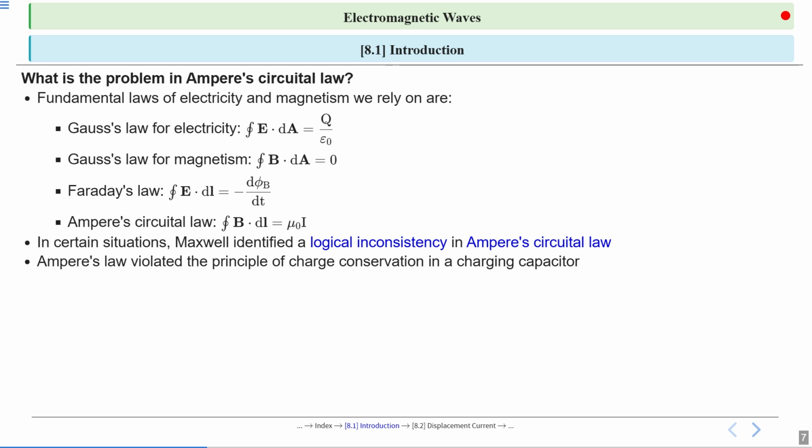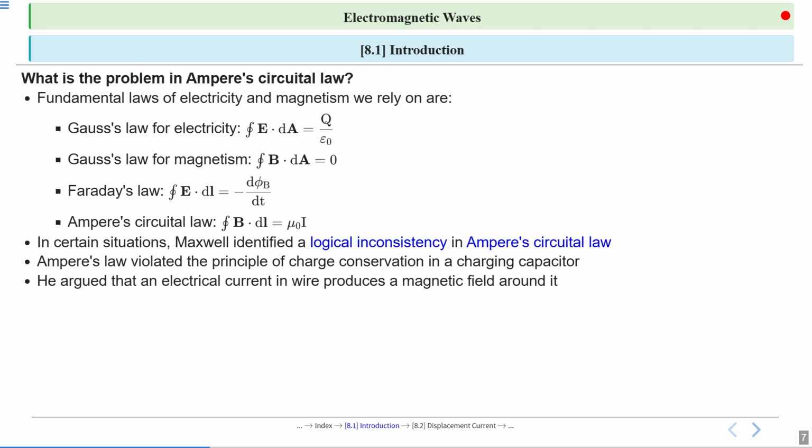Then how is the magnetic field being produced between the plates of the capacitor? So Ampere's law violated the principle of charge conservation in charging capacitors. And by this experiment, Maxwell identified a logical inconsistency in Ampere circuital law, that it is not completely correct.